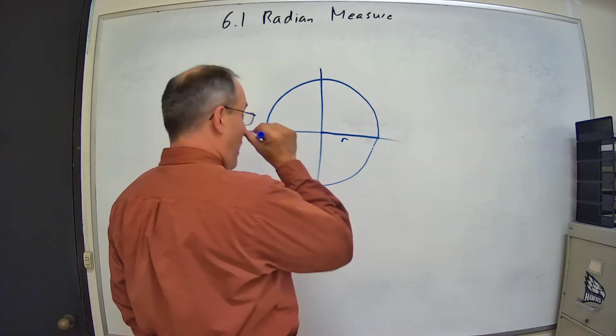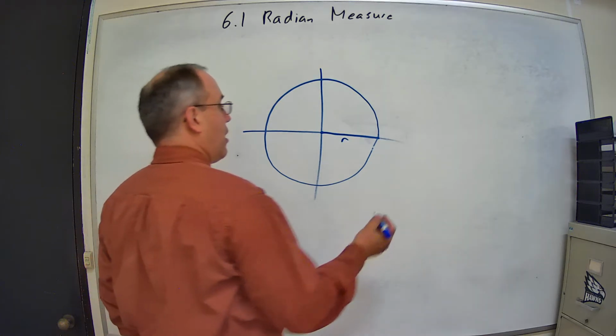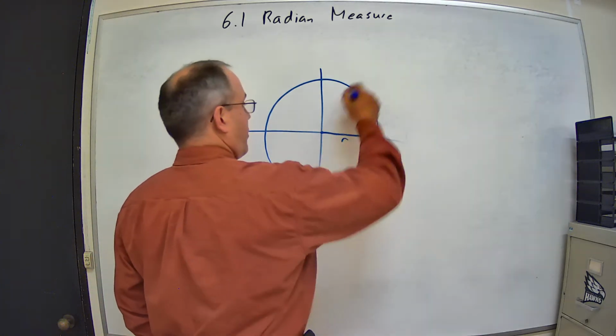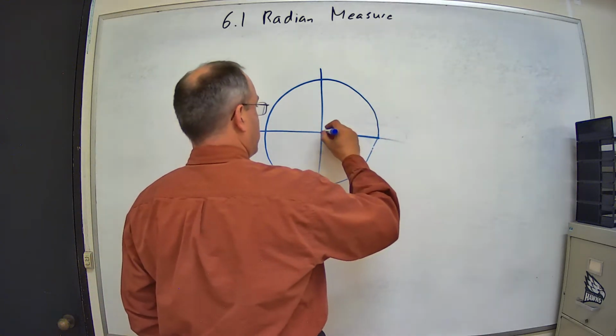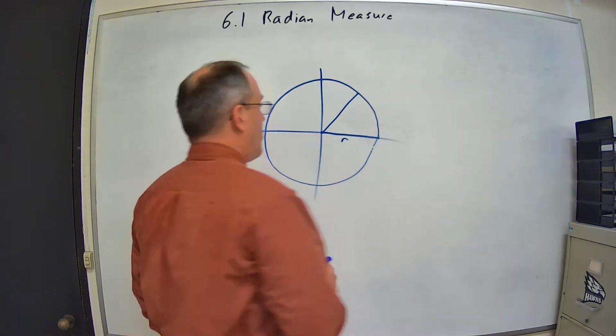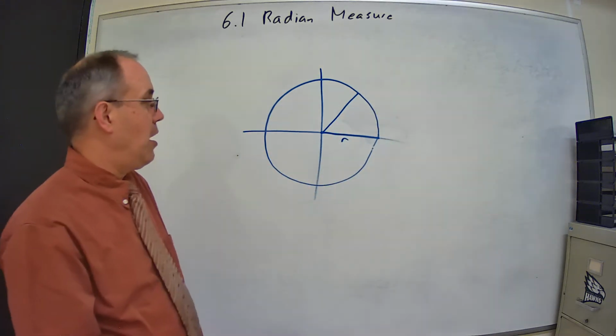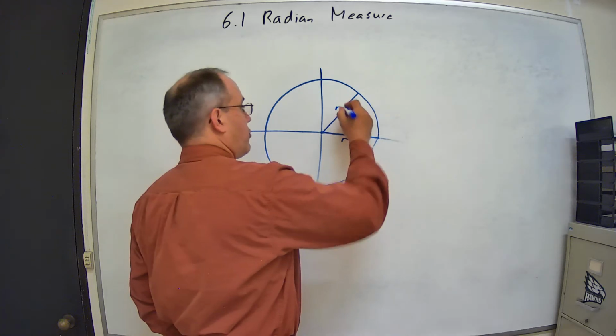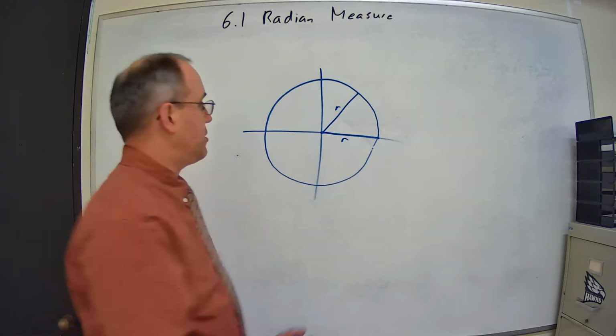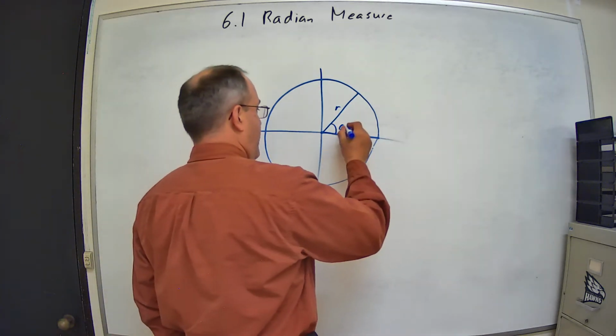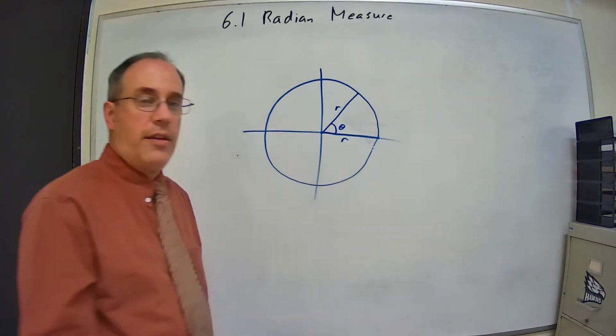Now, if I was to draw another radius, say about here, obviously that length would also be r, the radius. There would be an angle theta in between them.